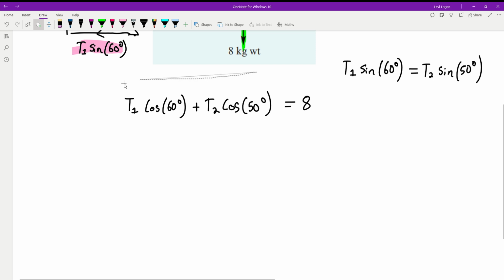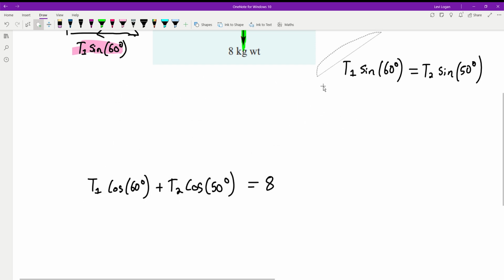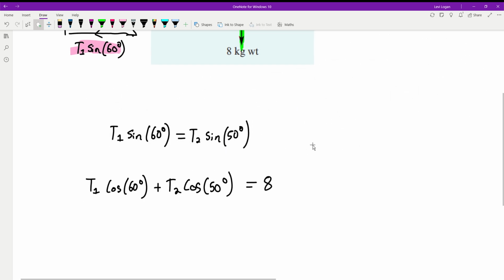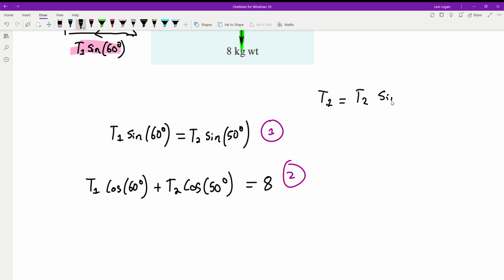And then we have two equations here, okay? So now it's just simultaneous equations. So we have this first equation and then this following equation here, okay? Now you can do it multiple ways to substitute them into one another. For the first one, I'm going to make one of them the subject. If I divide both sides by sine 60, I get T1 is equal to T2 sine of 50 degrees divided by sine of 60 degrees. Now I'm leaving it in terms of the sines because some of these numbers aren't going to be very nice, like sine of 50.